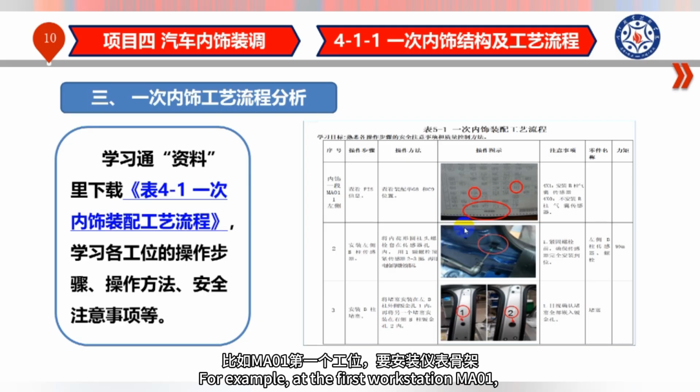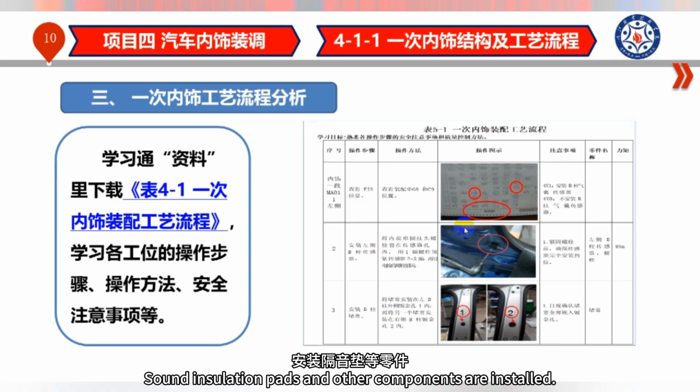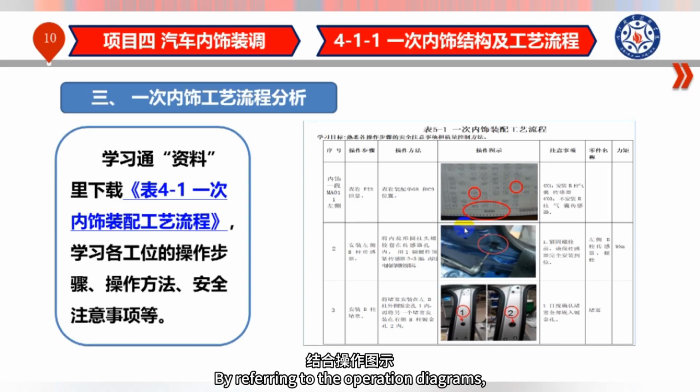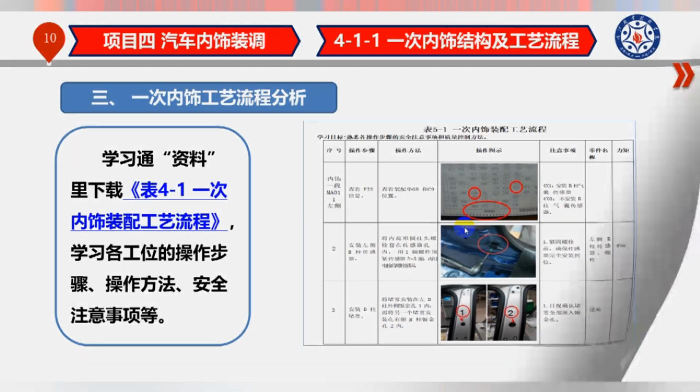For example, at the first workstation MA01, the instrument panel frame is installed, along with the wiring harness. Install the body control module BCM. Sound insulation pads and other components are installed. By referring to the operation diagrams, you can clearly understand the operations and precautions for each step at each workstation.